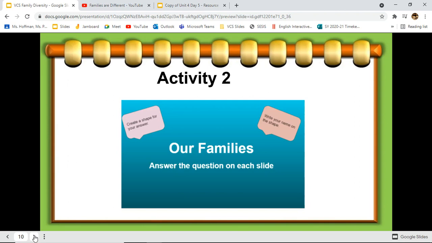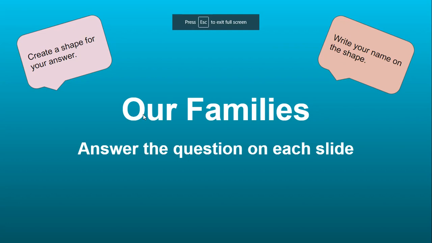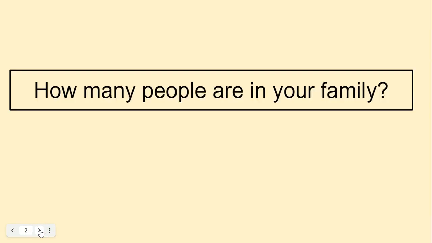Activity 2, our families. Answer the questions on each slide. So let's take a look. Our families. It says answer each question on the slide. How many people are in your family? So this is the way that the question was presented.